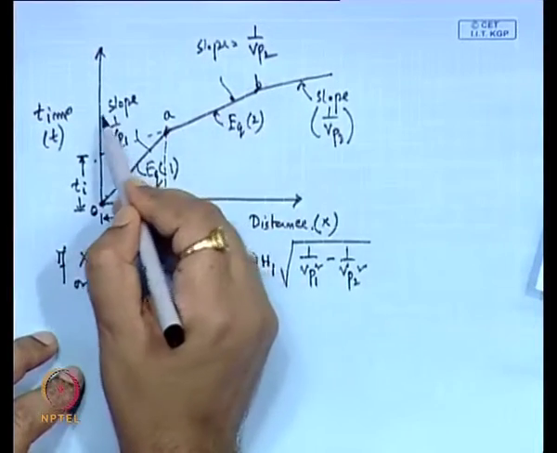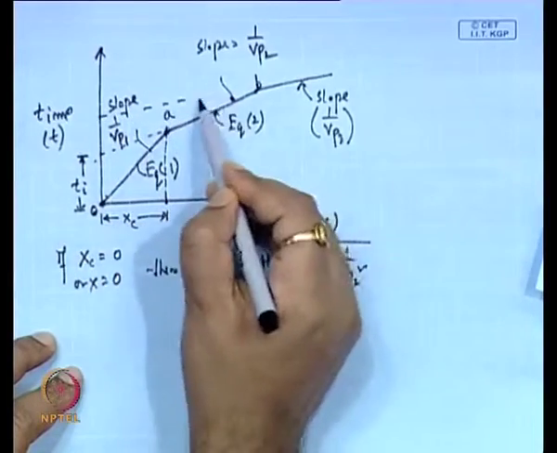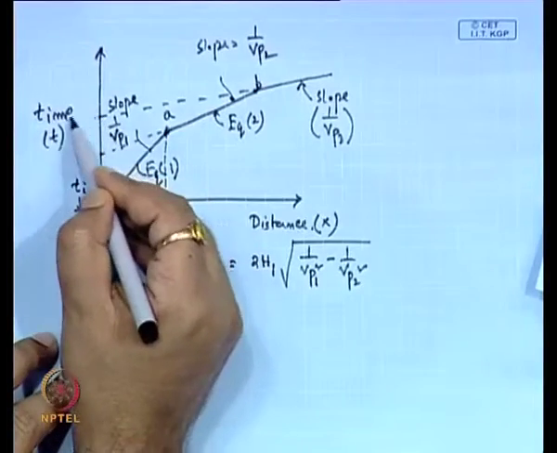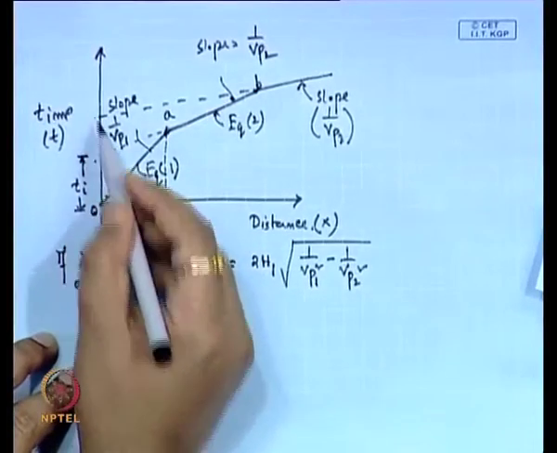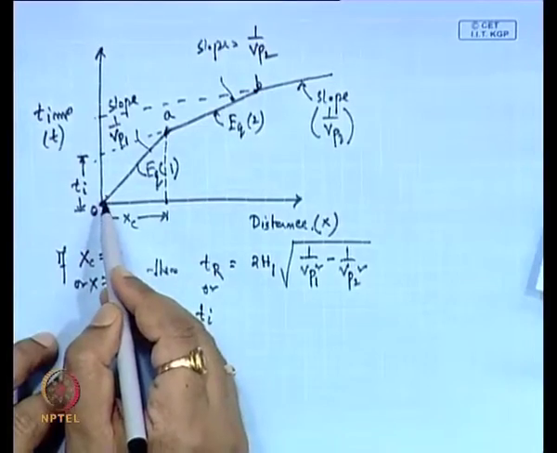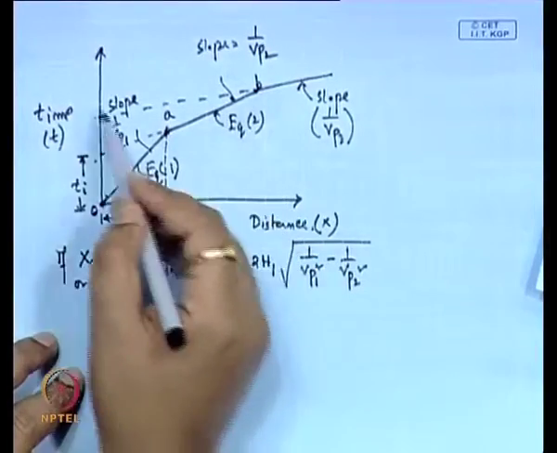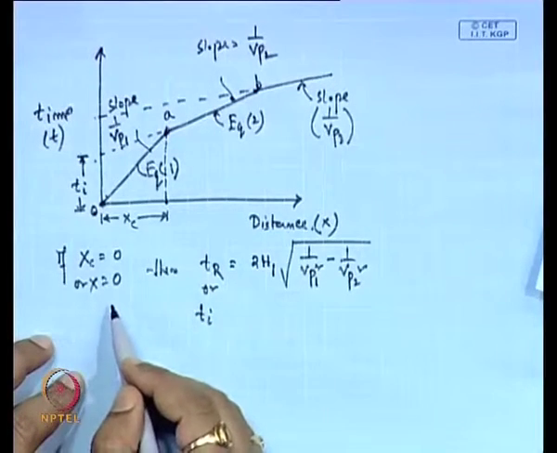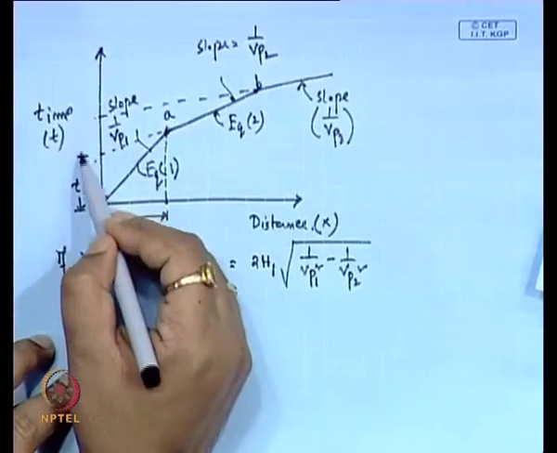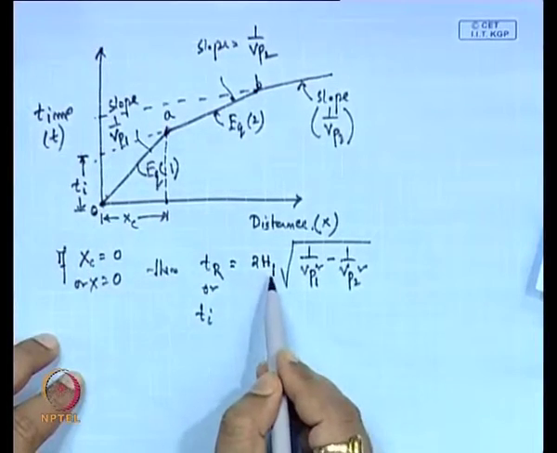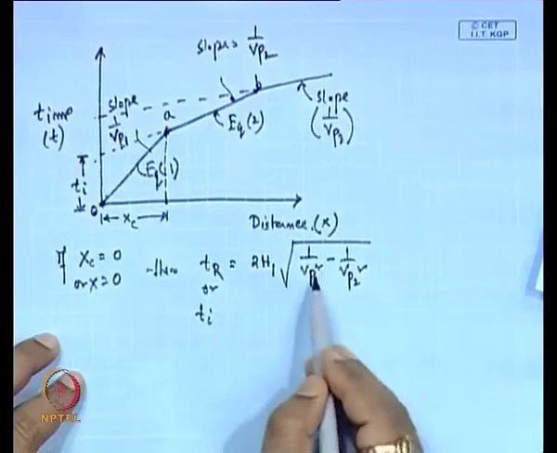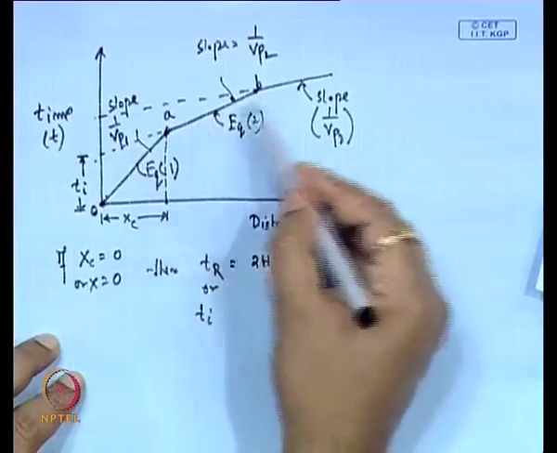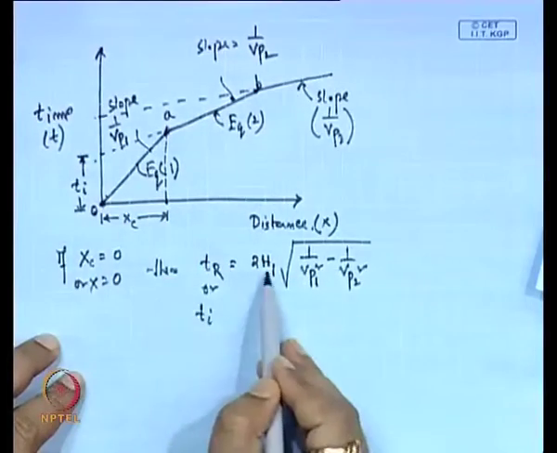Similarly, for the second layer also, if we extend the third straight line, then we will get the time at 0 distance. Then by using the general expression we can determine the thickness of the second layer also, if we know the thickness of the first layer and the velocities of the first, second and third layers. Here we will get the velocities of the first, second and third layers, and here we will get the thickness of the first layer.